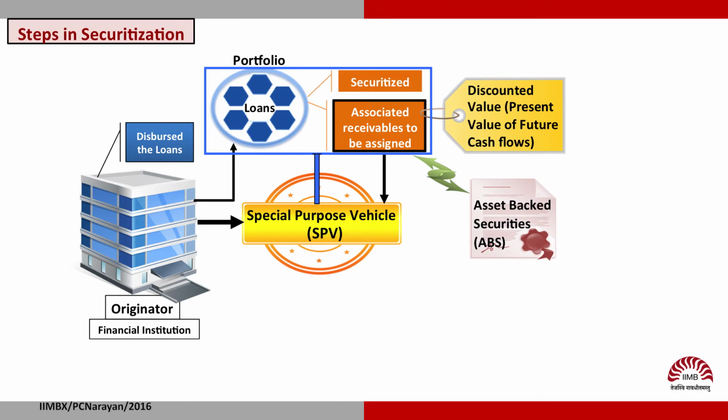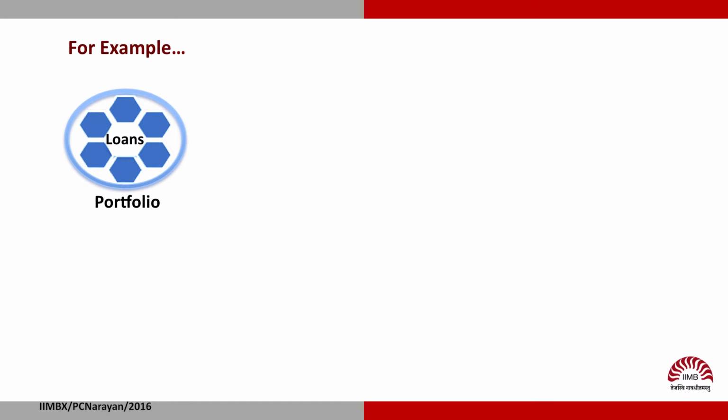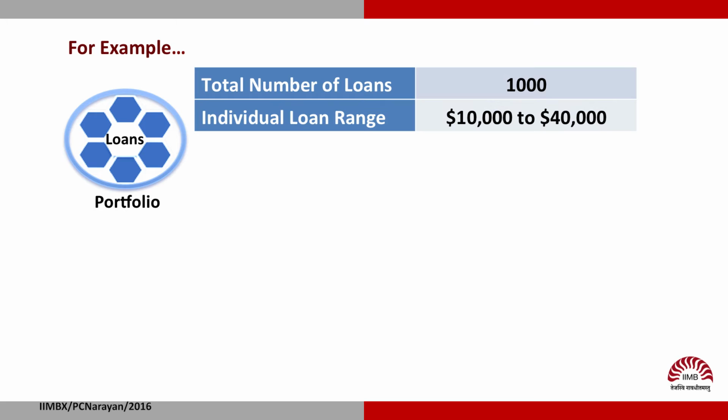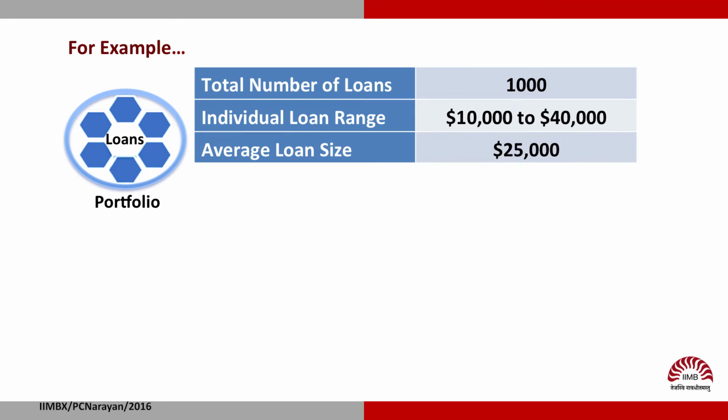receivables into securities. For example, say a portfolio of loans comprises 1,000 loans with individual loan values varying from $10,000 to $40,000, and let us say the average size of the loans in this portfolio is $25,000.